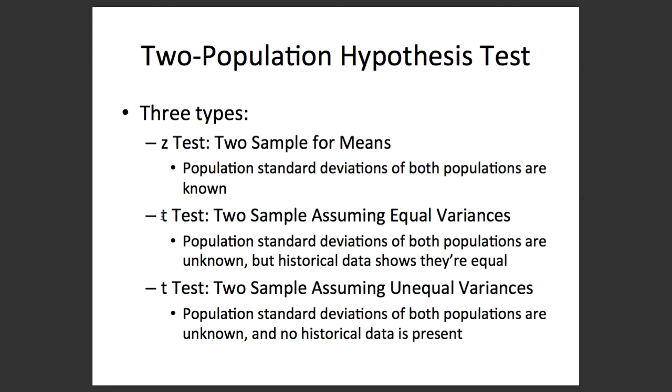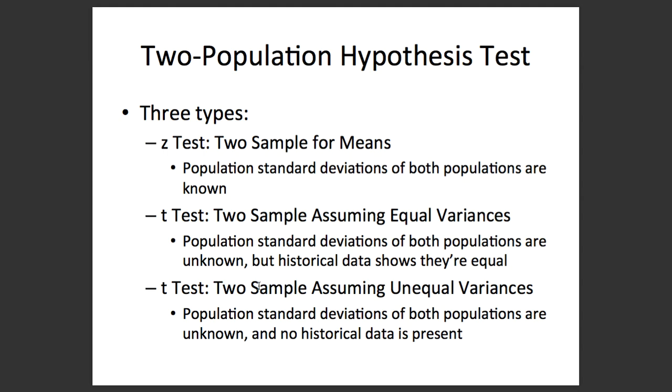But if at least one of the two standard deviations is missing, then we can only perform either of these two t-tests. You have the t-test, two sample assuming equal variances, and the t-test, two sample assuming unequal variances. The first t-test is used if we don't know both population standard deviations, but historical data shows that the two are the same.